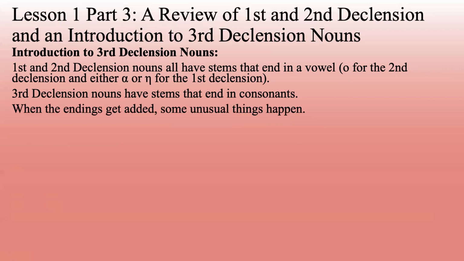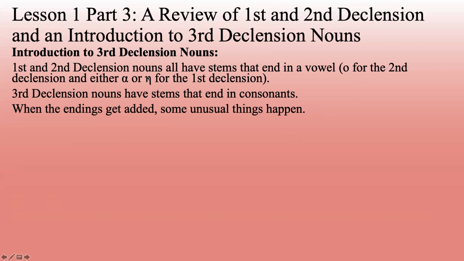Now, for third declension nouns, since the stems end in consonants, when the endings get added, some unusual things are going to happen depending on what the letter is. For second declension, they all did exactly the same thing because the stem of all of them ended in omicron. Weird things happen, but we sort of memorized them because all of the second declension nouns did the exact same weird things.